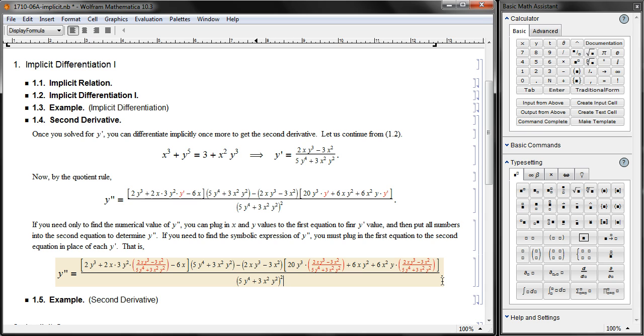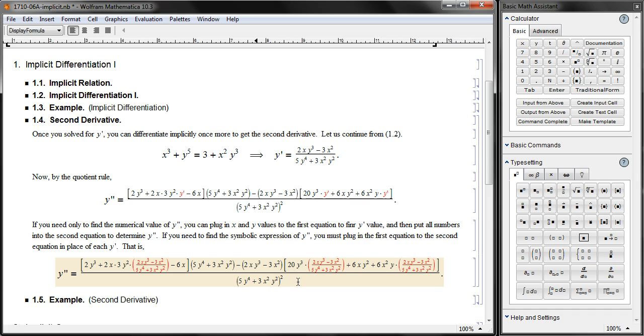You have to do this. You have to find y double prime first symbolically. And sometimes you may get away with just this if your problem gave you the symbolic solution and then the x value, y value, and y prime value. In that case, you can get away with this, but then again, it's pretty bad.